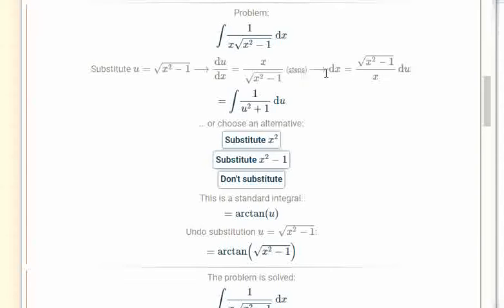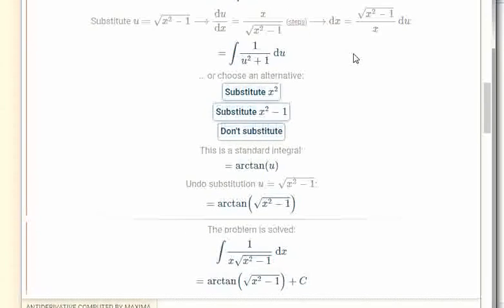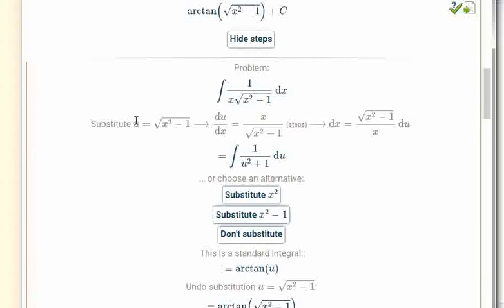So here you're going to get x divided by the root of x squared minus 1. You want to rearrange for dx, which is going to be root of x squared minus 1 by x du, and plugging in the value of u, you're going to get this thing here.